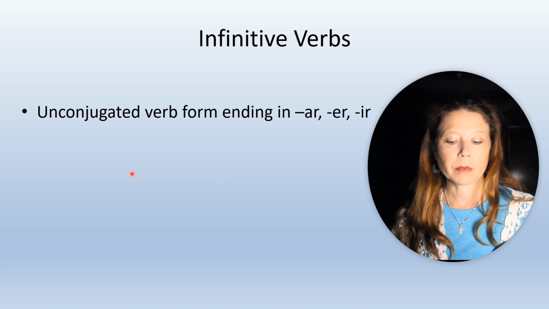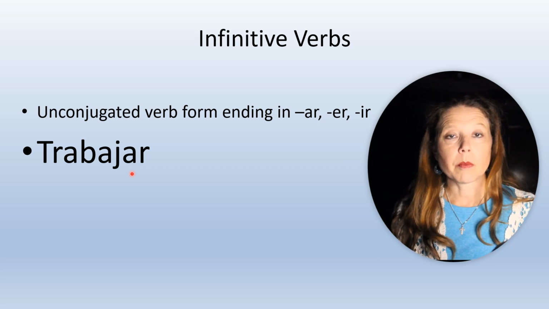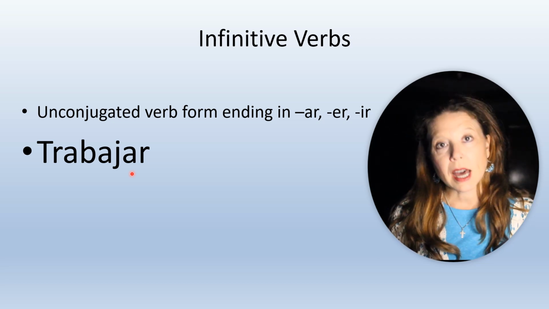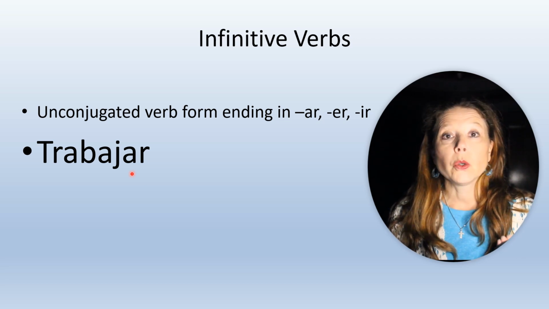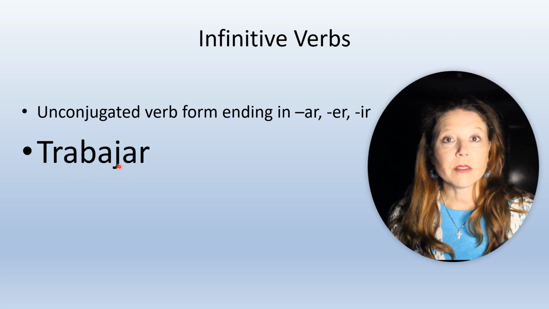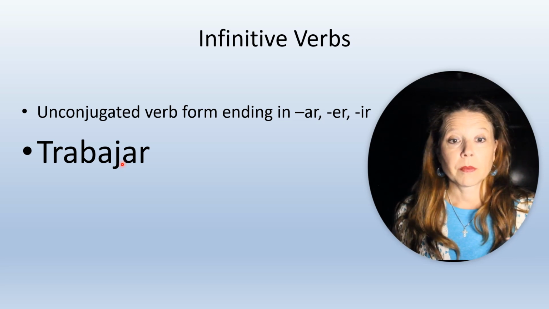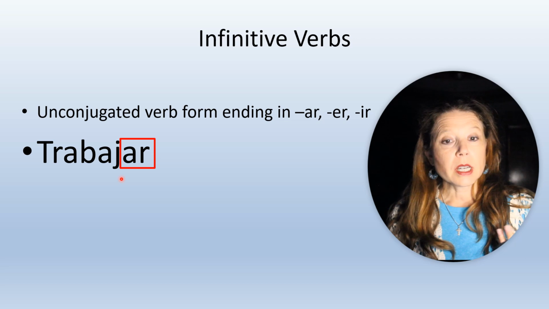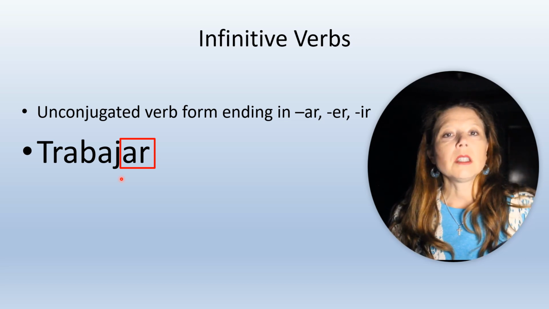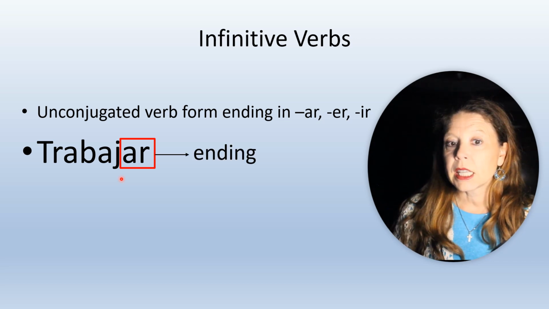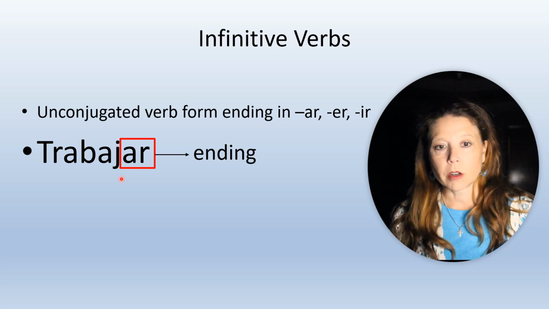So let's take, for example, the verb trabajar. Trabajar. It means to work. This is the infinitive form of the verb. Now, what we're going to look at here is the ending of this infinitive verb, in this case, AR. It is what we call an AR verb.